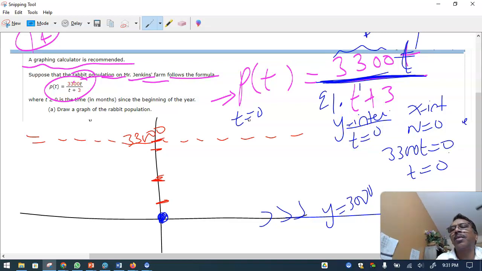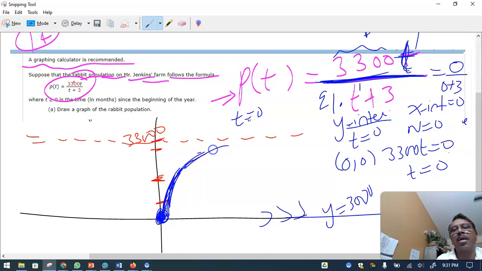The whole thing becomes 0 over 0 plus 3, which is 0. So 0, 0 is both the x-intercept and the y-intercept. The graph starts here, and then the rabbit population goes on increasing and approaches 3300, but does not become exactly that. The farm has a capacity, so it cannot be more than 3300.